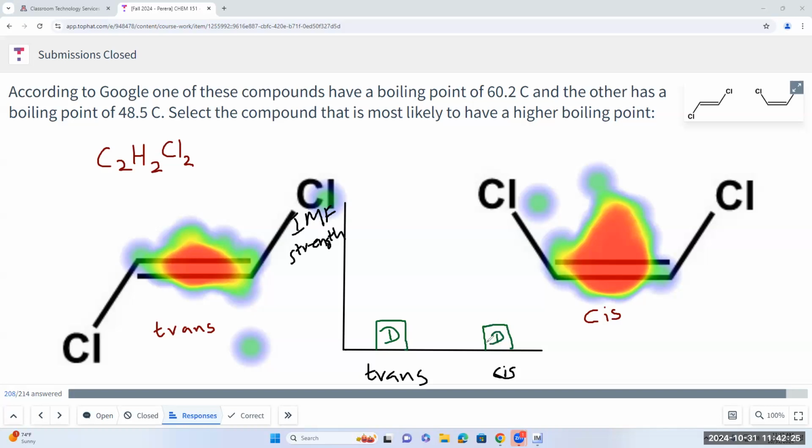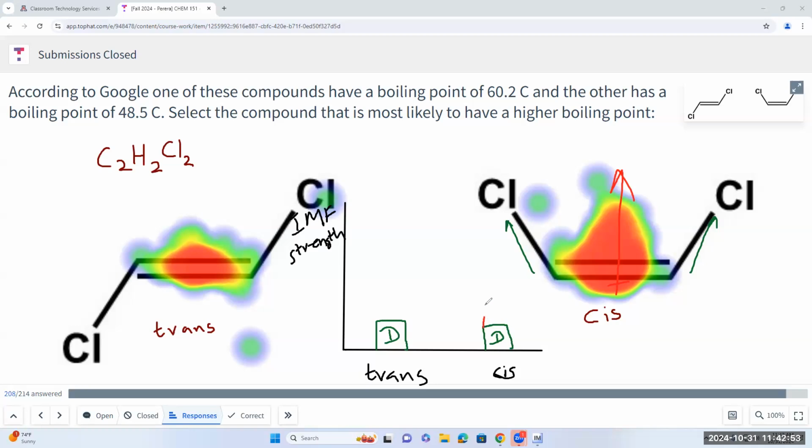However, on top of dispersion forces, in the cis isomer we have two dipole moments going this way, meaning you have a net dipole moment in the direction of the chlorines. Therefore, on top of the dispersion forces, the cis isomer has dipole-dipole forces as well.